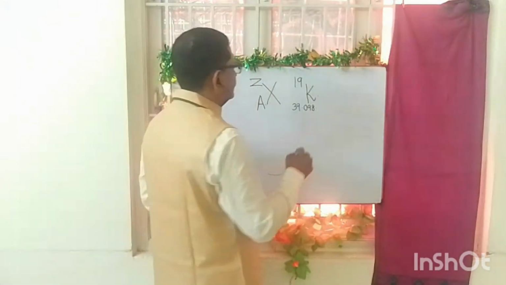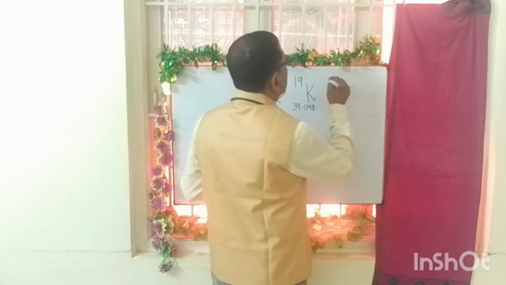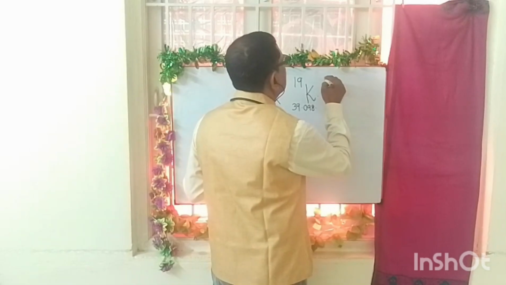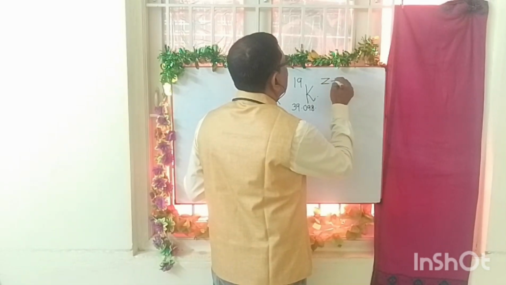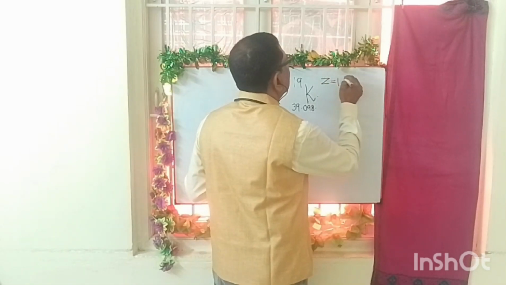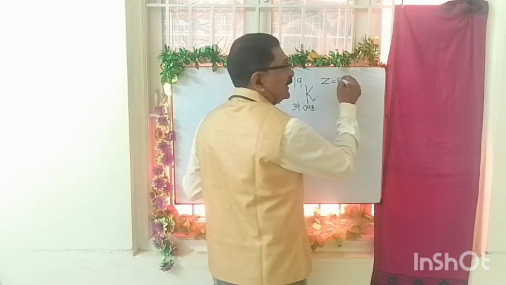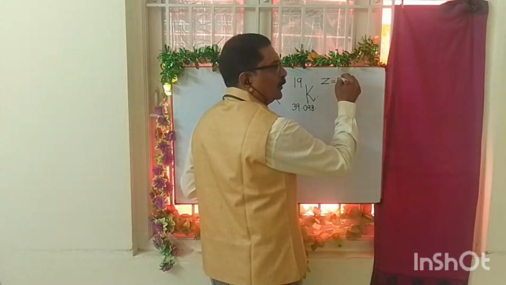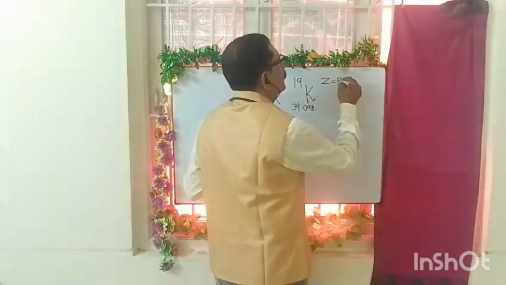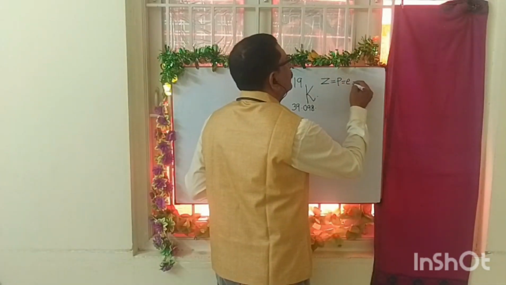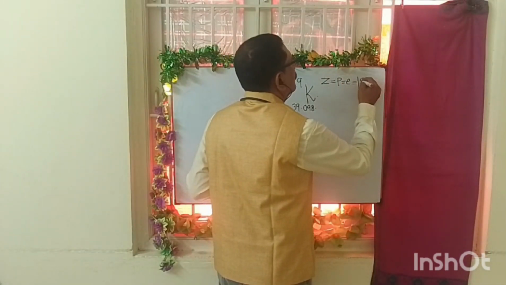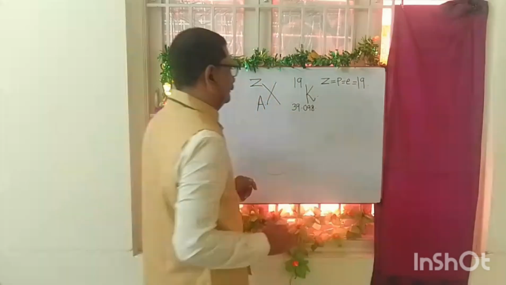First point is that from the atomic number, you know that Z, that is atomic number, is the number of protons, and since it is a neutral atom, the number of protons and the number of electrons should be equal. So you got the number of protons and electrons 19.